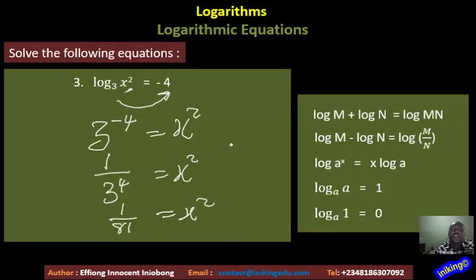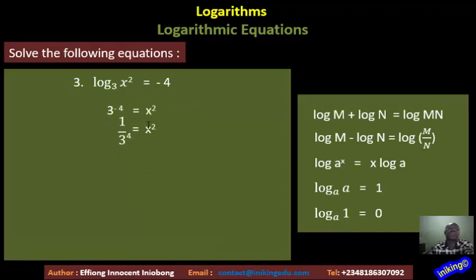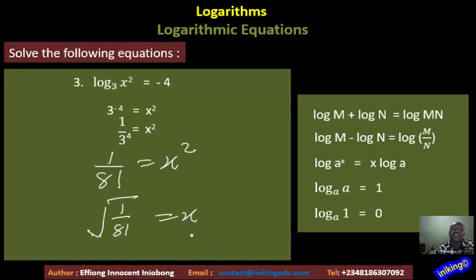Taking the square root of both sides, the square root of 1 all over 81 will give me x, which means my x is therefore 1 all over 9.